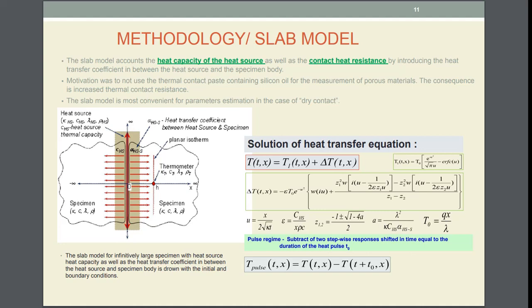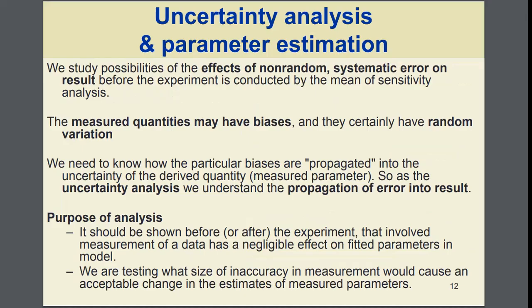So to avoid that, we need to stabilize it, and this stepwise response is a subtraction, because when we give the heat pulse, then during the calculation it is already shifted. Therefore, we need to subtract it from the initial T naught to get it at the basic level.